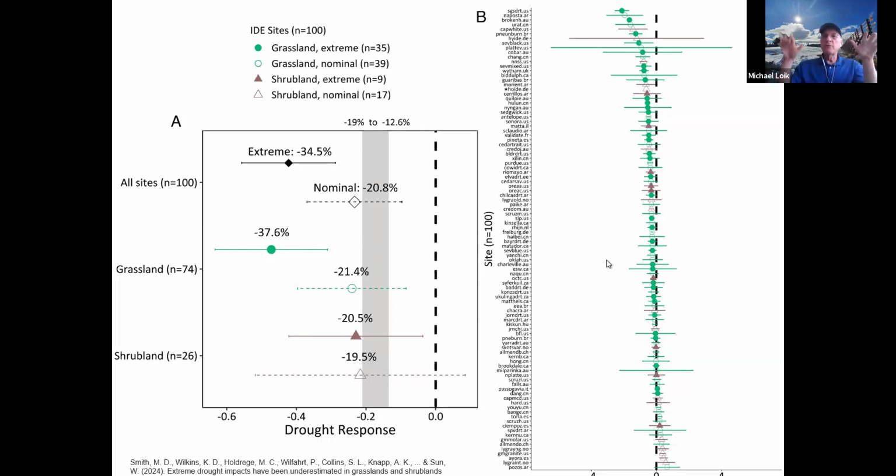And the sites fell out along two groupings: places where the experimental drought was out of the ordinary, which we labeled extreme, and other places where the 1 in 100 year drought was not that out of the ordinary, and it was something that the sites might have recently experienced in their recent history. And so you can see that grasslands and shrublands behave differently in terms of extreme versus nominal drought.